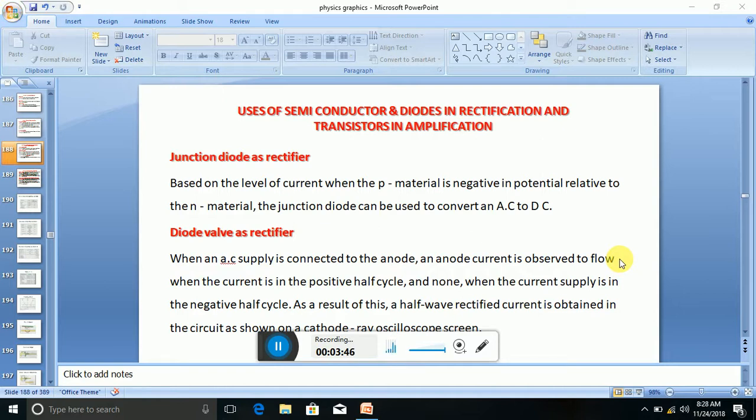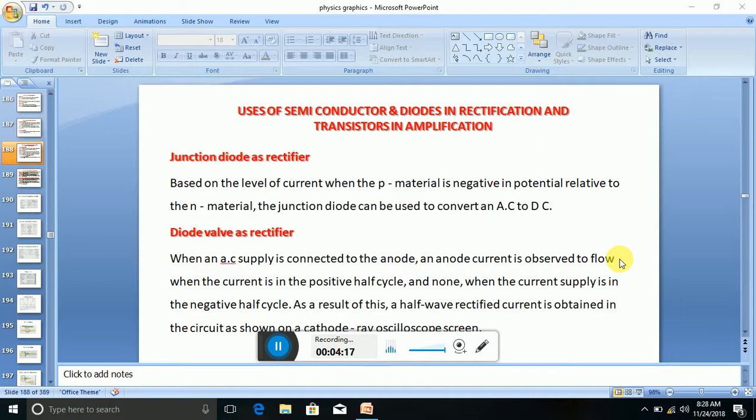Diode valve as rectifier. When an AC supply is connected to the anode, an anode current is observed to flow when the current is in the positive half cycle, and none when the current is in the negative half cycle.